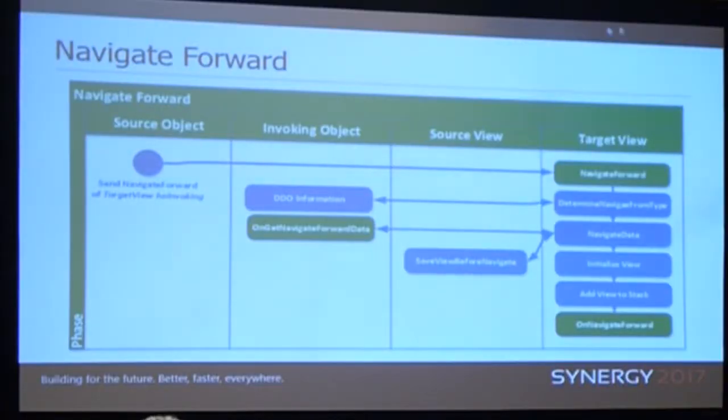Navigate forward would typically be the message that you send to a view so that it becomes the next level that you're drilling down into. So what that actually does is you're moving from some object, for example, you're clicking on a button or on a specific row, and that is going to be the invoking object. That source object will send navigate forward to the target view, and then that target view will first try to determine what kind of view it's coming from.